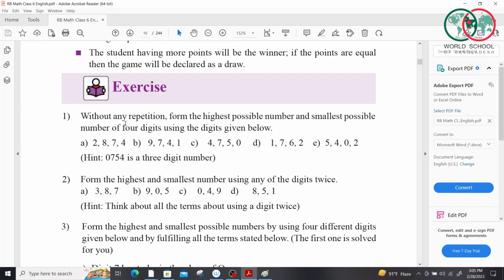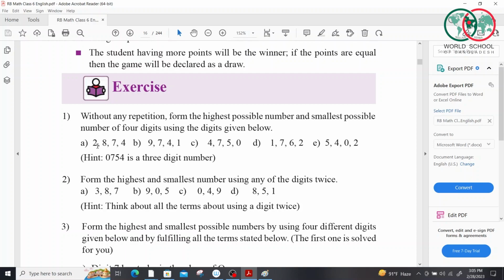Here it is written: without any repetition, write the highest possible number and the smallest possible number of 4 digits using the digits given below. So basically they have asked us to write the highest possible number and the lowest possible number using 4 digits from here.